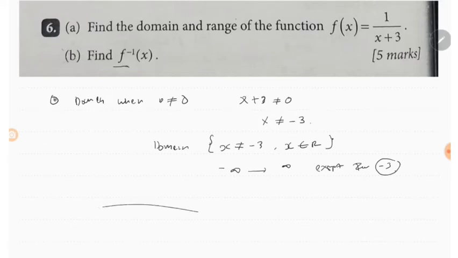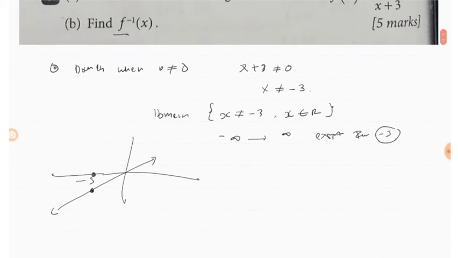For example, if this is -3, the line goes like this, and this is the hole. -3 doesn't have an area, so x starts from here until here. That is the meaning of asymptote.